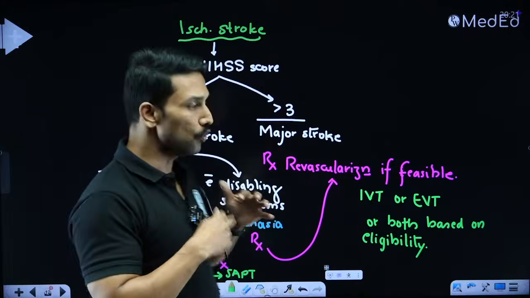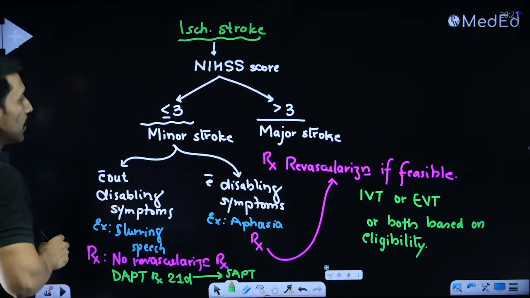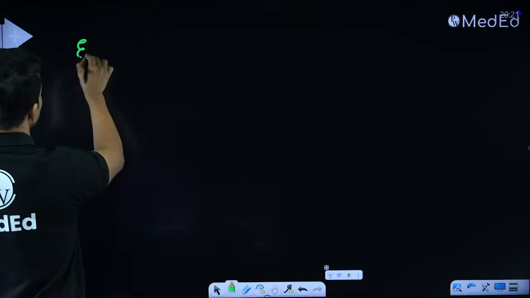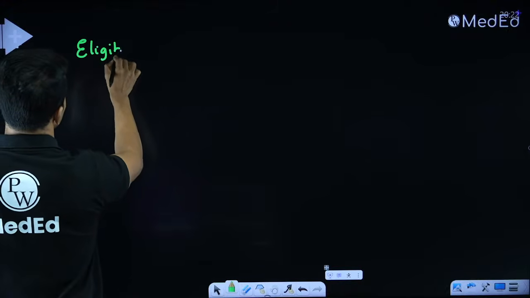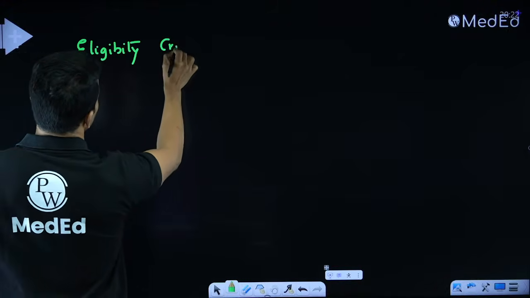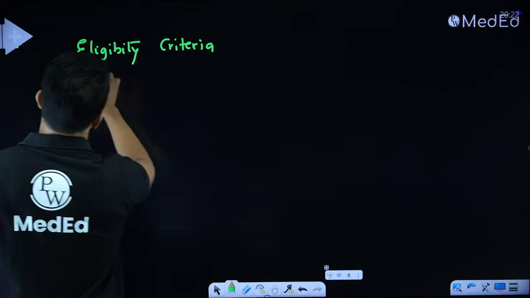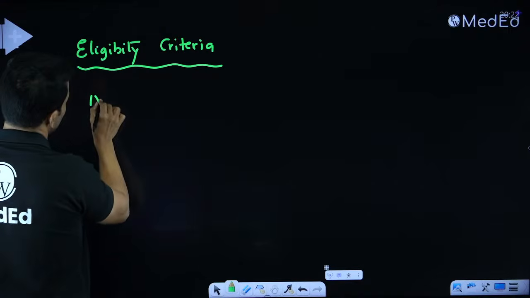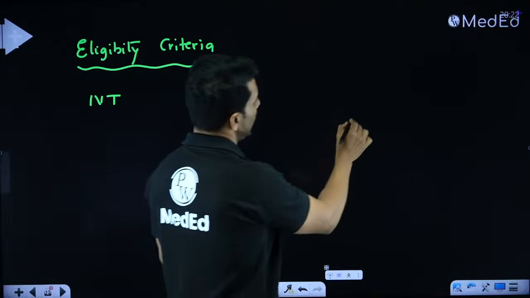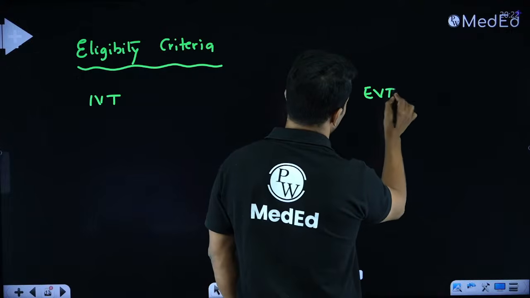So that means we should know the eligibility criteria for IVT and the eligibility criteria for EVT. Eligibility criteria for IV thrombolysis and endovascular thrombectomy.